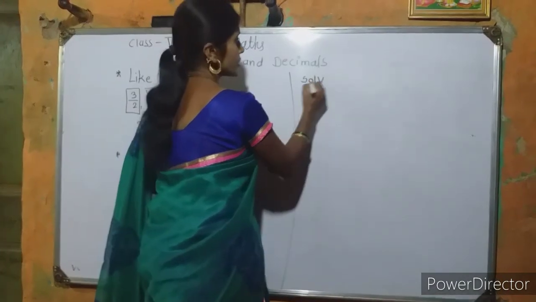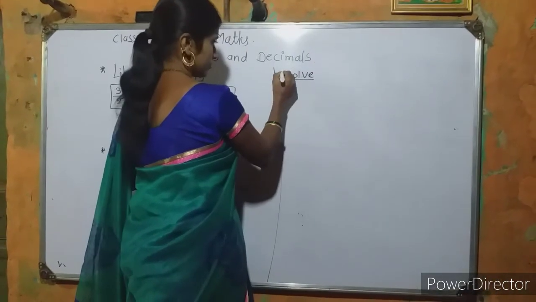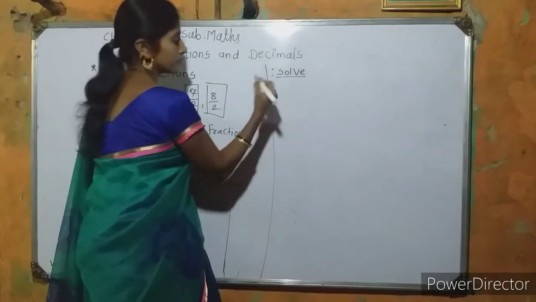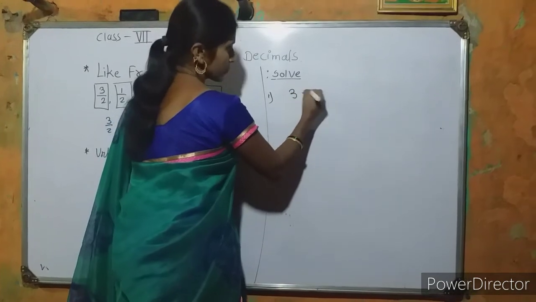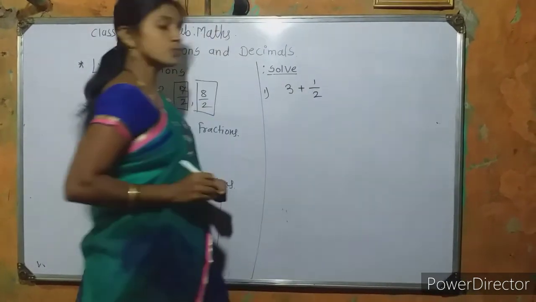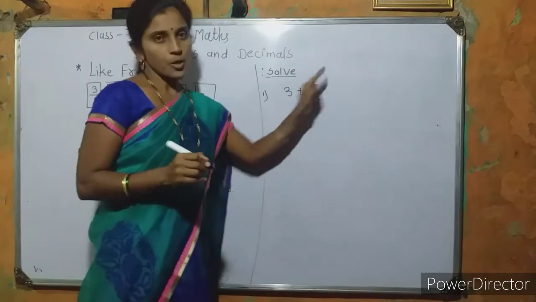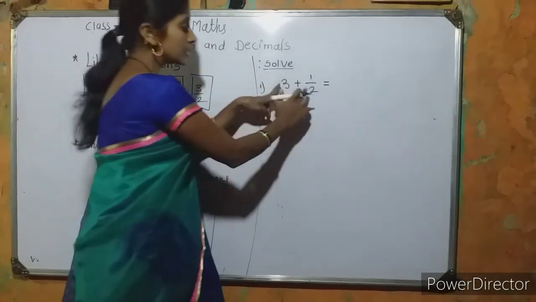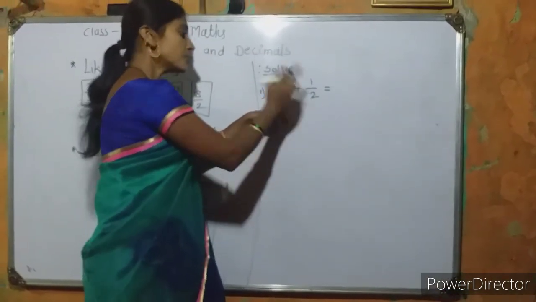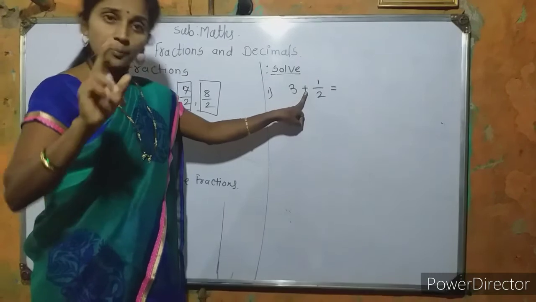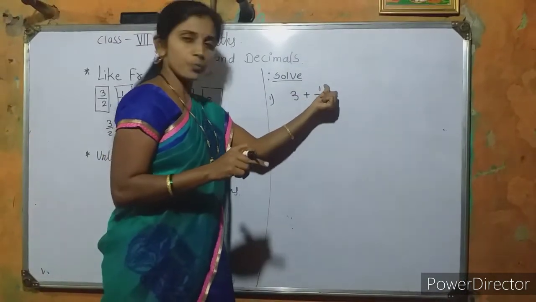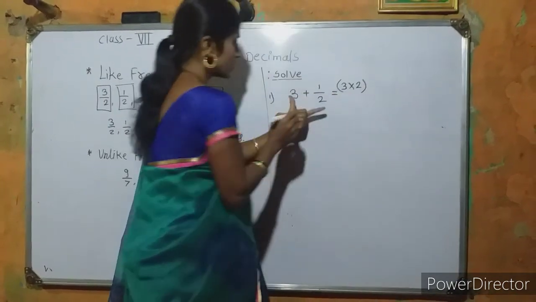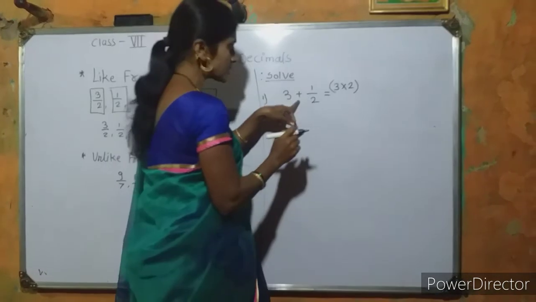The questions are solved now. See here the first example, 3 plus 1 by 2. We have to solve this one. First we have to multiply these two numbers, and whichever sign is there between them, plus sign here, we add the numerator. 3 multiplied by 2, and the sign is plus.